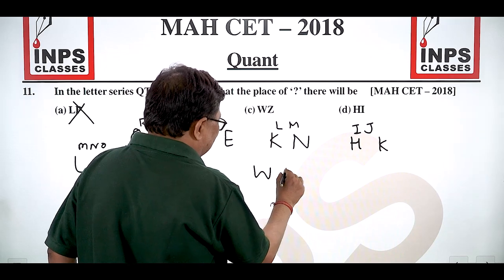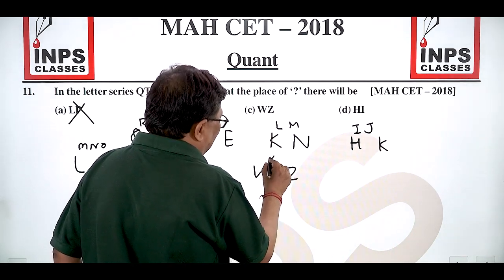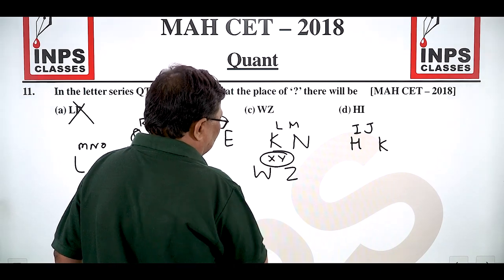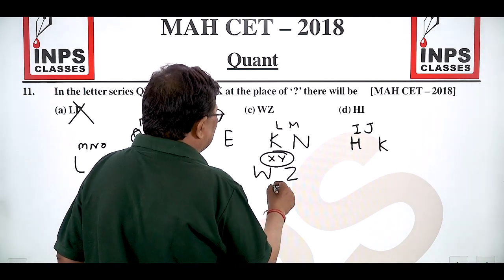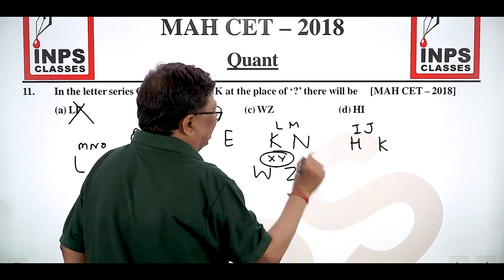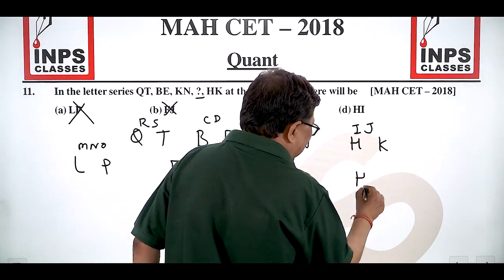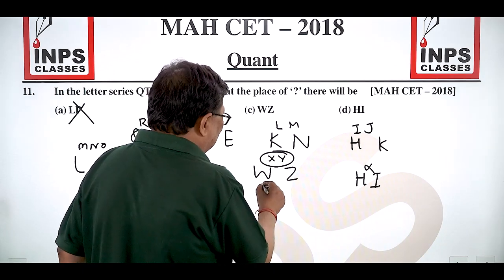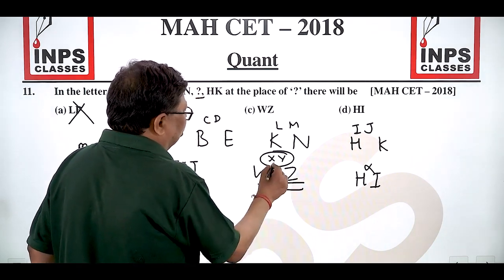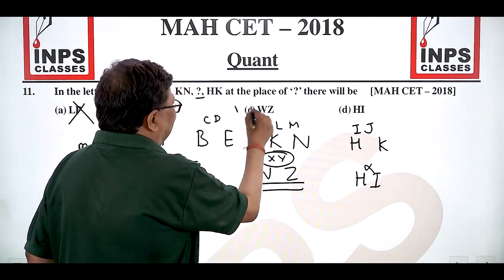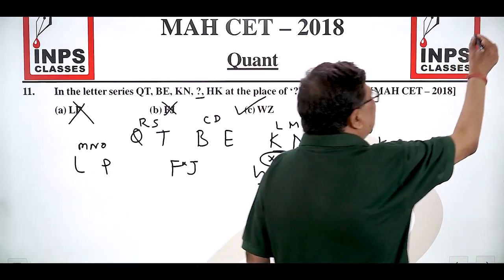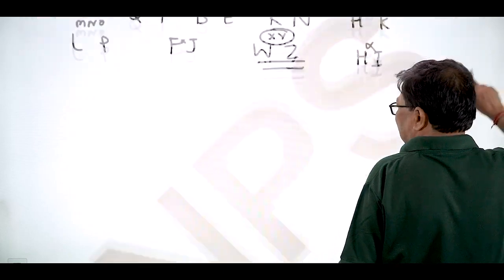WZ, okay, now here you have X and Y, so 2 letters in between, so this can be the answer. Let us check out with HI. There is nothing in between again. So WZ, where you have 2 letters in between, this should be the answer. So our answer is C. Let's move to the next question.